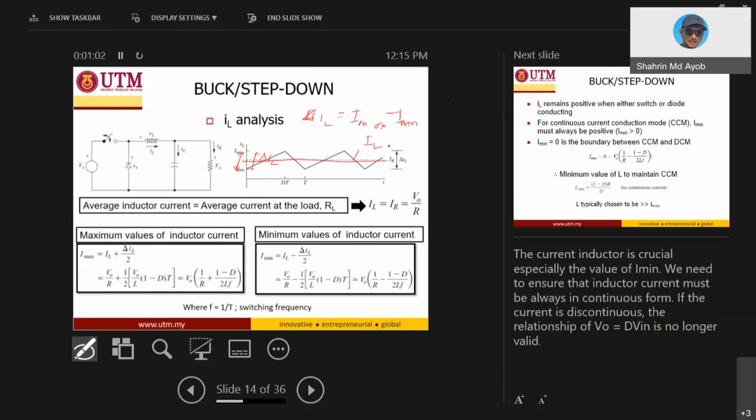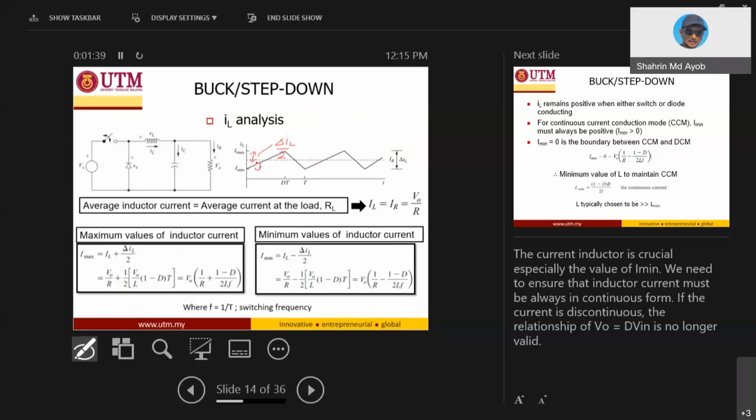And at the center here is your IL average, which in this buck converter is actually your I out. What is your I out? Your I out is V out over R. Since we already know that this one is delta IL, meaning that from here to here is delta IL over 2.